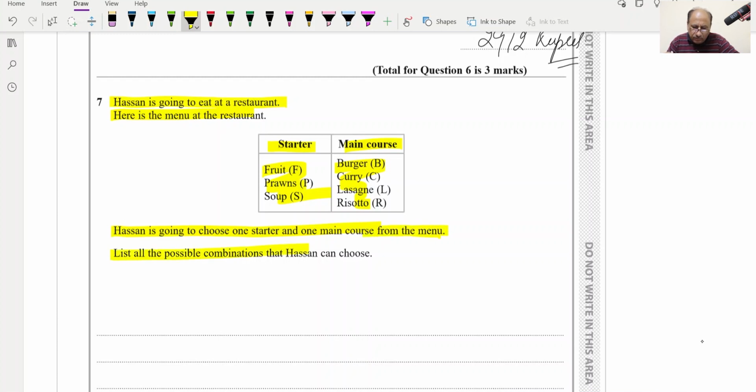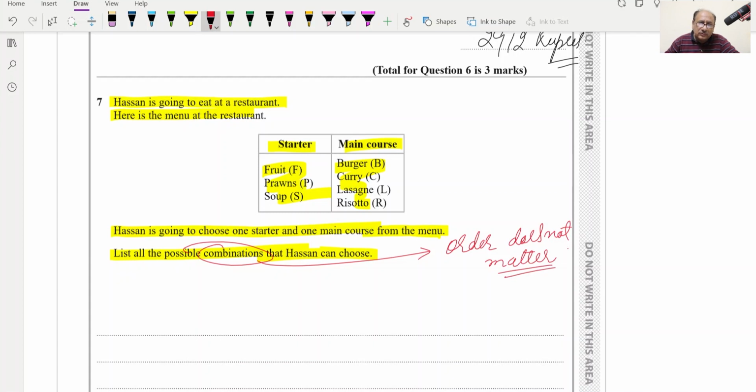List all the possible combinations that Hassan can choose. Now keep in mind, for combinations order does not matter.